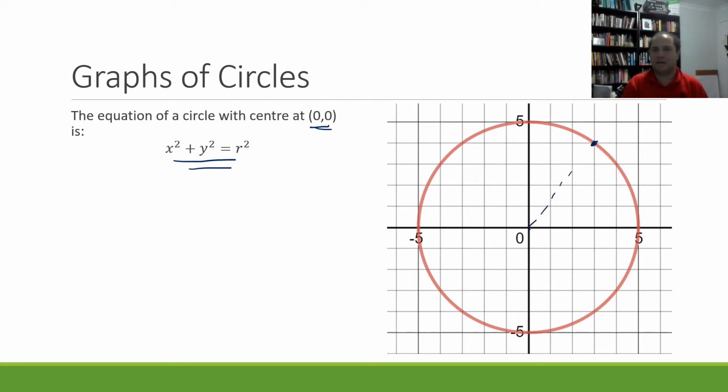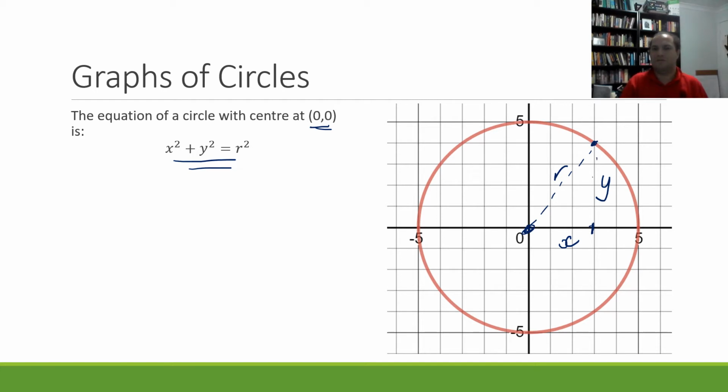Let's say this distance here is our x value. This distance here is our y value. This distance here we know is our radius. That's just our definition of a circle, from the center of 0, 0 to our edge. That distance is our radius.